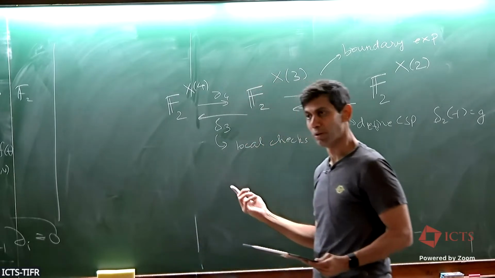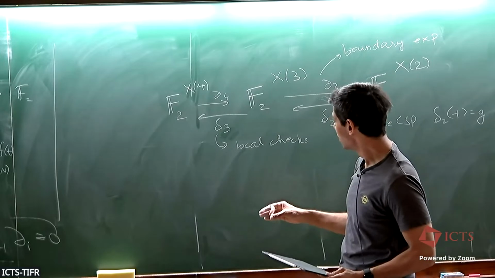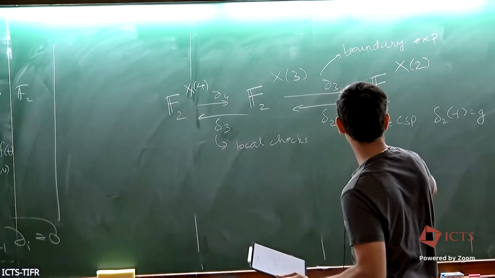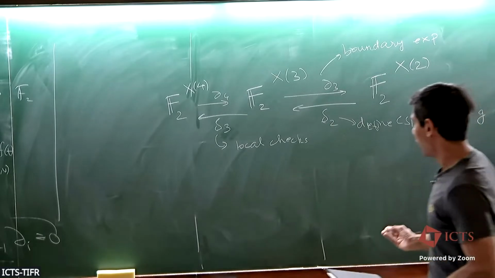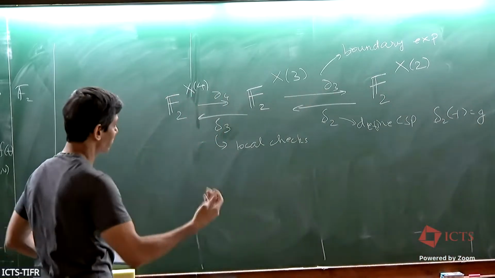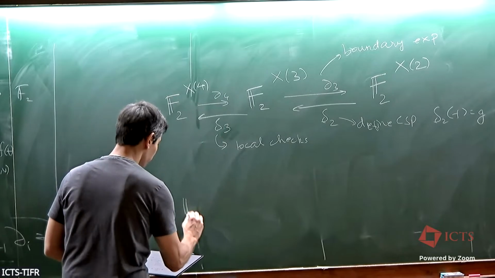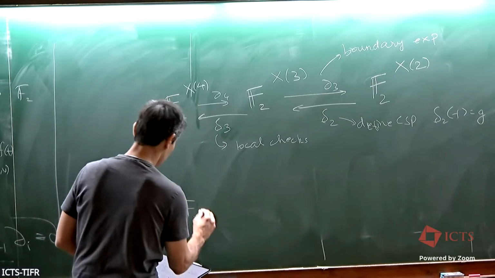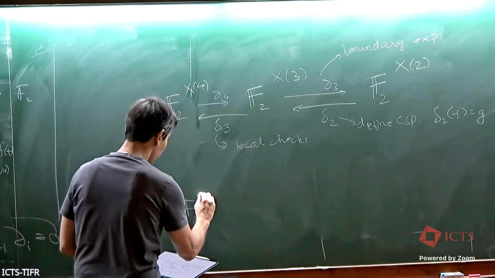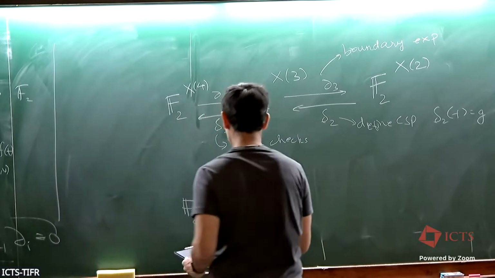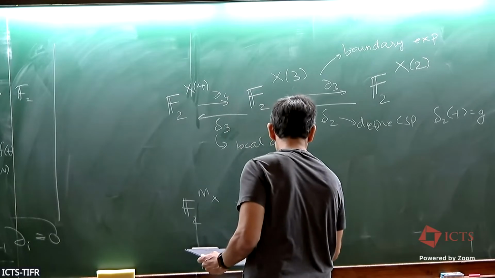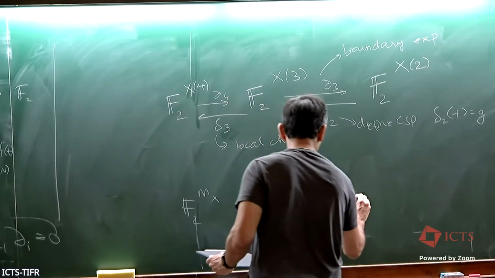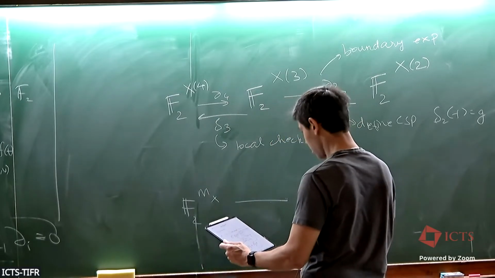So we had to be careful about this. We had to look at something which was in the kernel of this and not in the image of this. These are three things we needed. The cool thing in their paper is to say, let's look at chain complexes. Powell defined chain complexes this way: you have some F2 to the m, you have F2 to the n. Let me write the arrows this way first.